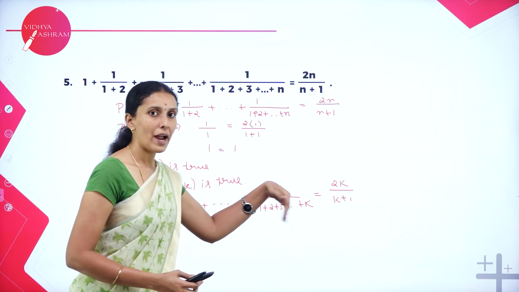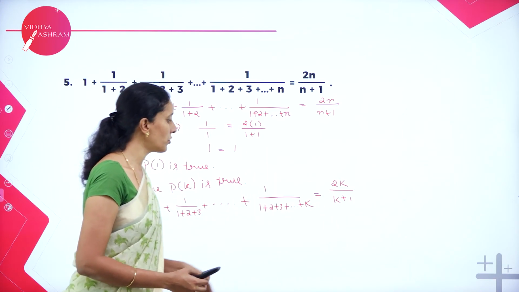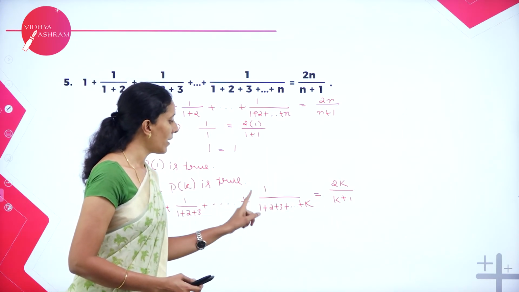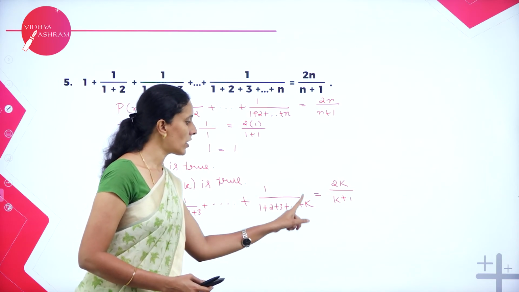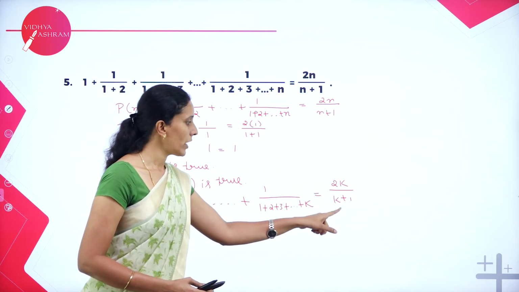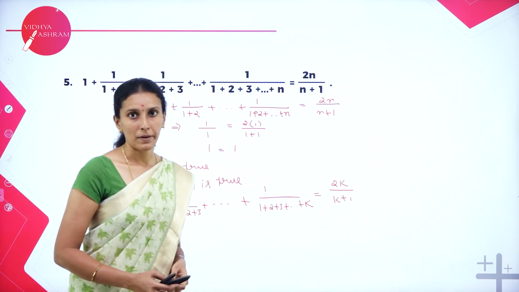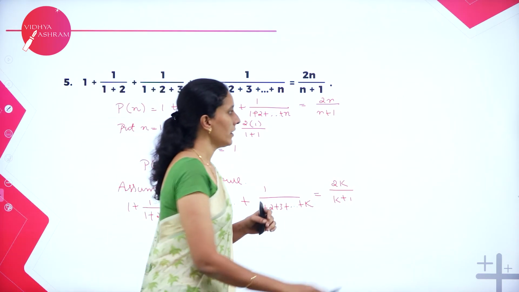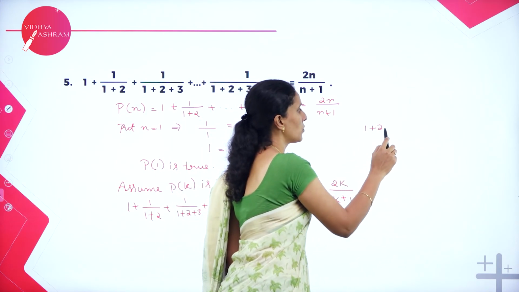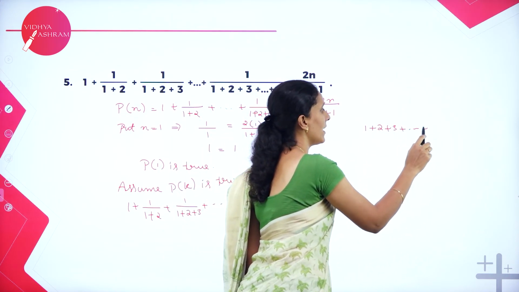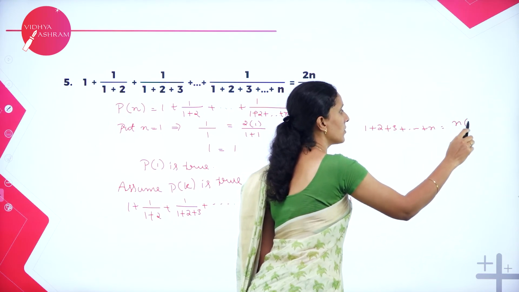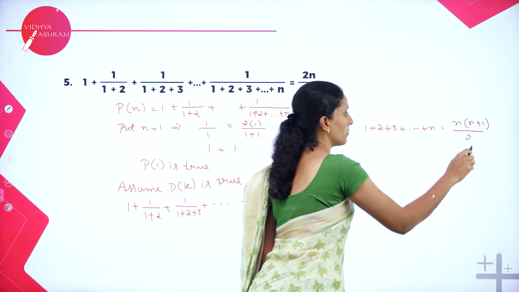So if you want to add one term extra, then you should add 1 divided by (1+2+3+...+(k+1)). So the equation becomes 2k divided by (k+1) into (k+2). Clearly, the sum of the first n natural numbers is n into (n+1) divided by 2.